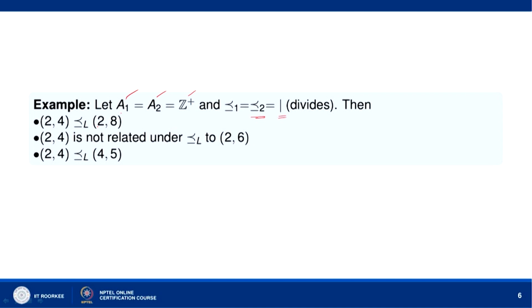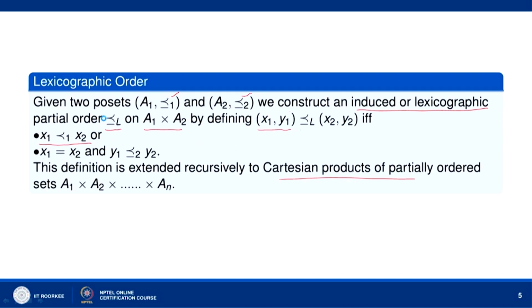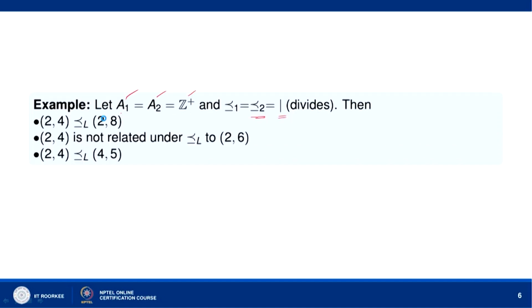We can see, if we go by this notation, say this is x1, y1, and this is x2, y2, then we have x1 equal to x2 equal to 2, and 4 divides 8.